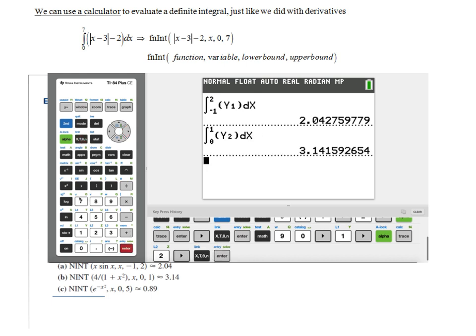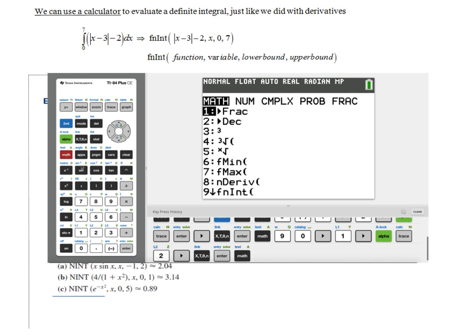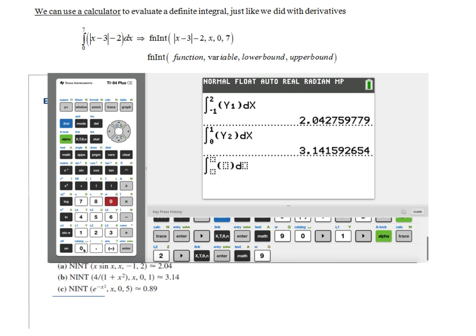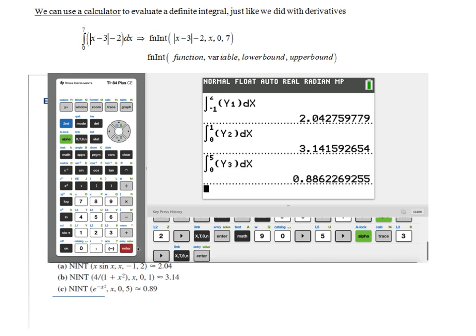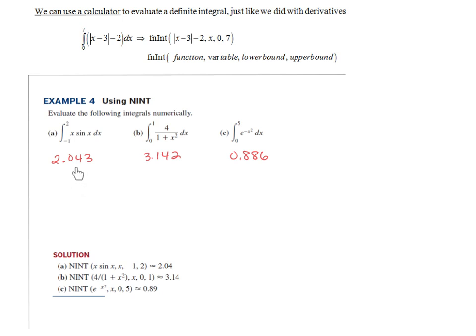The third one is math 9 for the integral, and this one goes from 0 to 5, and the function was the third function, y3, and again dx. Now you could have typed in the function, but I wanted to save time on the video, and also I usually like to do it that way anyway in case I have to use it again. So there are my three values, and here are the three answers that we got on our calculator.